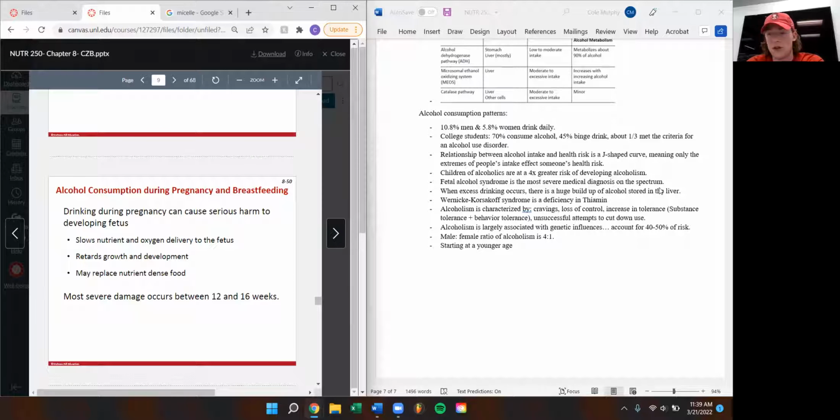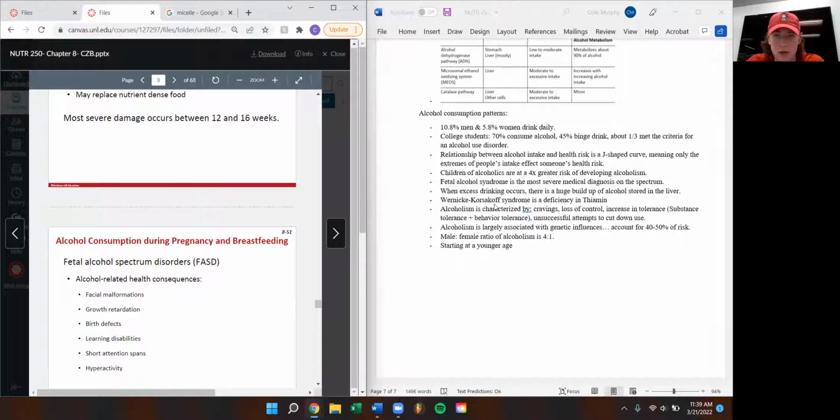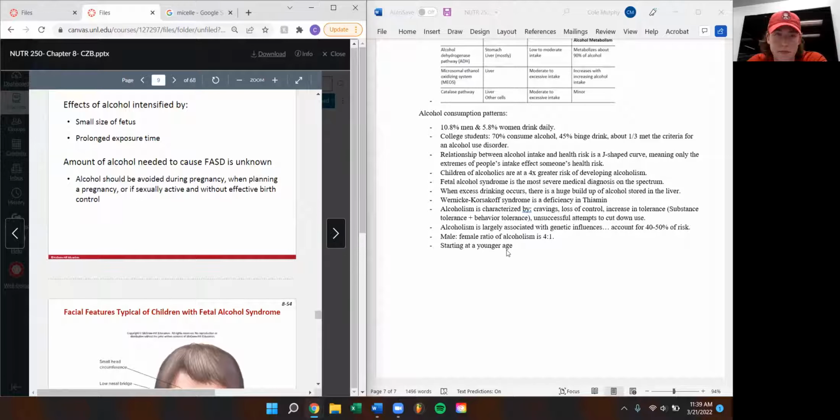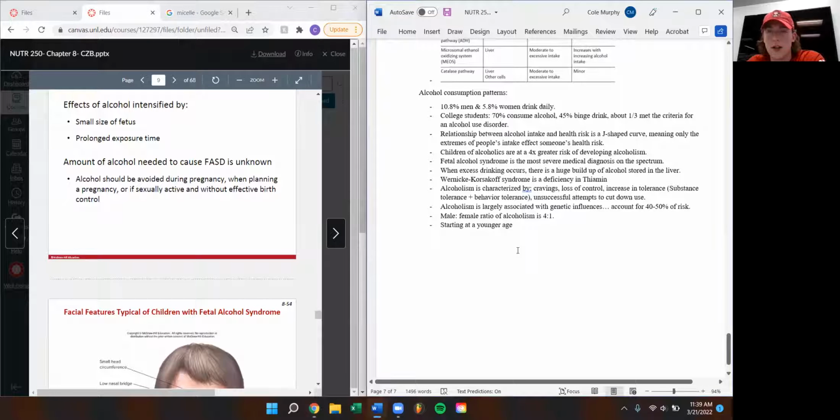So understand what those are and how they can be impacted in somebody who drinks more alcohol. Another one is Wernicke-Korsakoff syndrome, often seen with a deficiency in thiamine, vitamin B. Just making these types of connections.